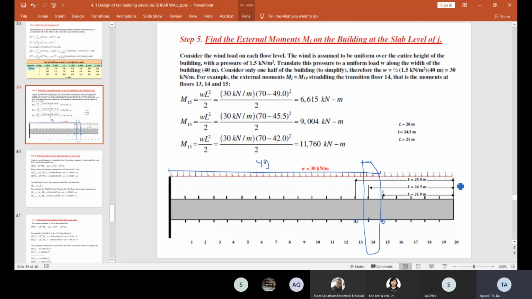So you can see here, the lower the floor level, the higher the external moment acting on the level. It is the same concept as I explained for the cantilever, so the bending moment will be 0 at the free end and maximum at the support.